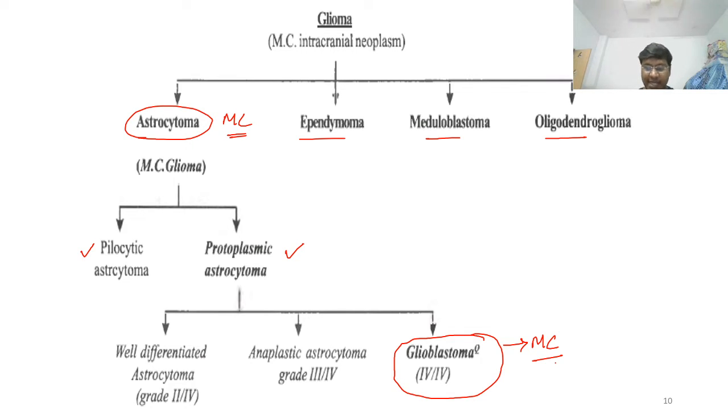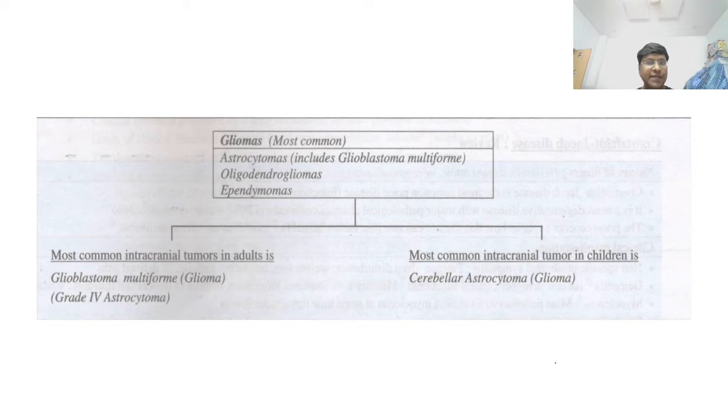Okay, right. After having discussed the classification of the brain tumors, there is another multiple choice question asked on this particular topic. Which is the most common neoplasm in brain tumors in adults? Which is the most common brain tumor in children? These are the two multiple choice questions. Now, if the question is asked, which is the most common intracranial tumor in adults?